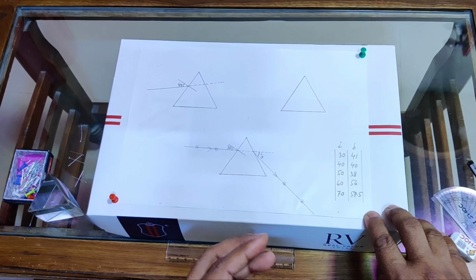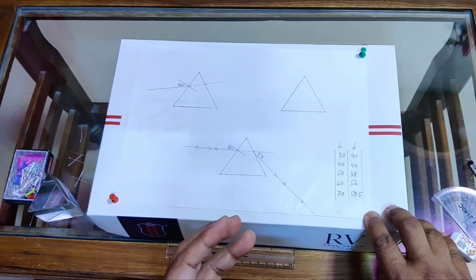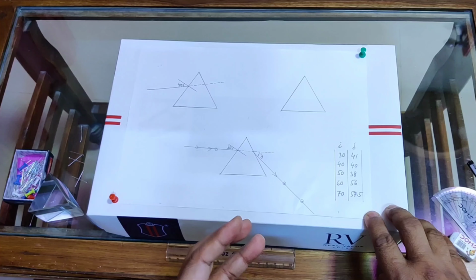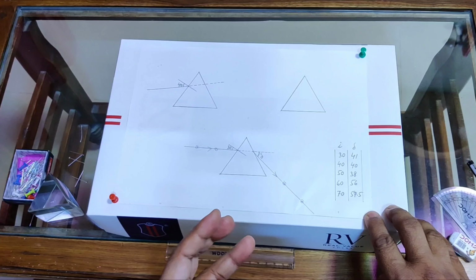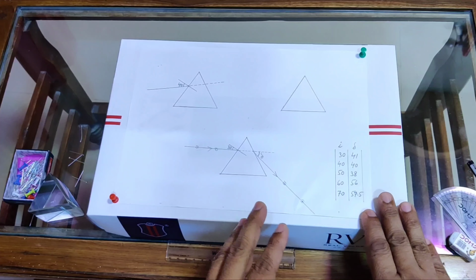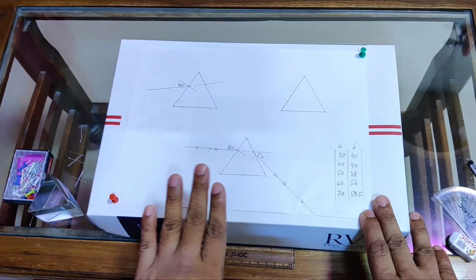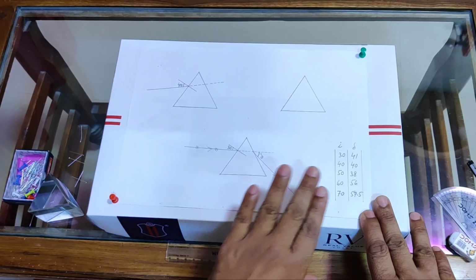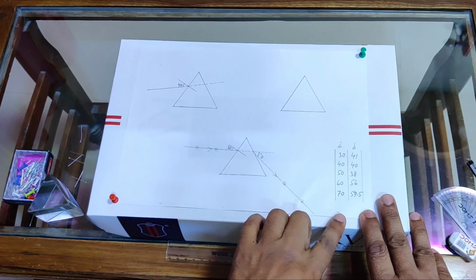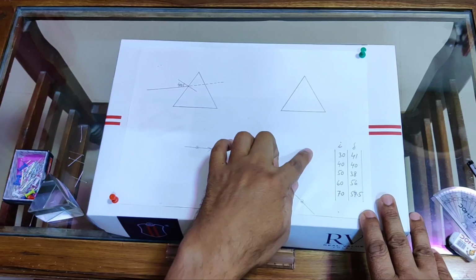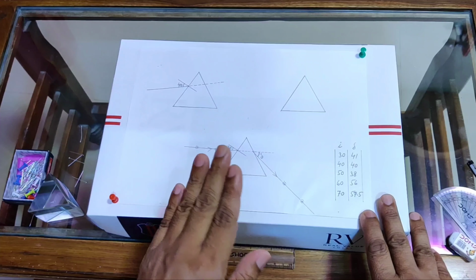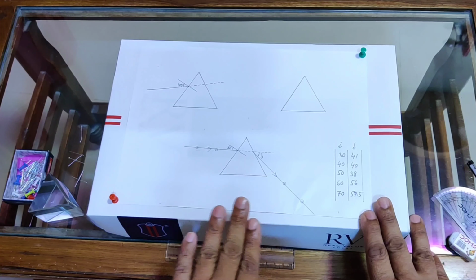First, aim, then apparatus required, then method. After that, there should be one observation table also, which I have done here. So I think you should draw the observation table in your journal. Draw one observation table with serial number, I, delta, etc. And then after the observation table, you write down the result.